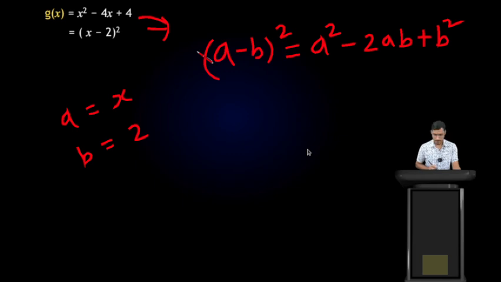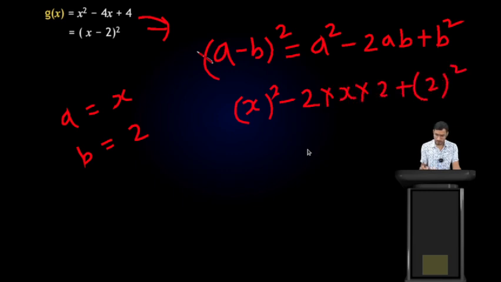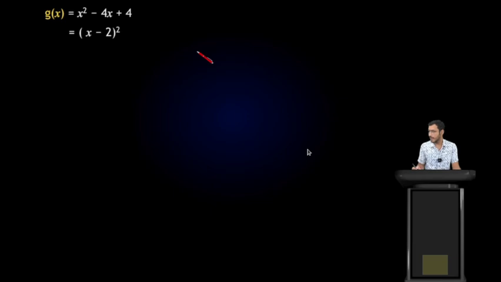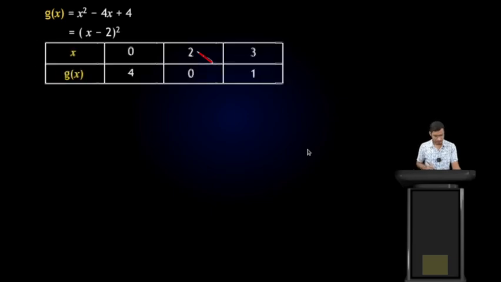Okay, yes, so we can write a square means x square minus 2 into x into 2 and plus b square means 2 square. So it's of the form x minus 2 whole square. x square minus 2x into 2 plus 2 square, is equal to x minus 2 whole square.